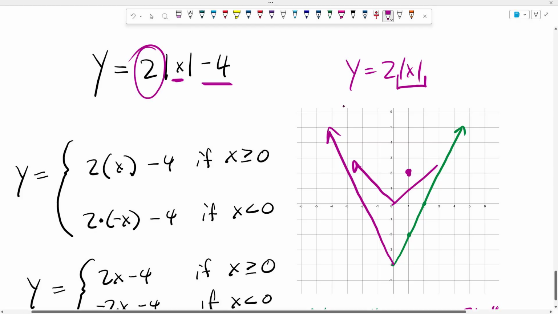So it moved up here. This one moved up to 4. It stretched it. And then we graph that and shift it down by 4.